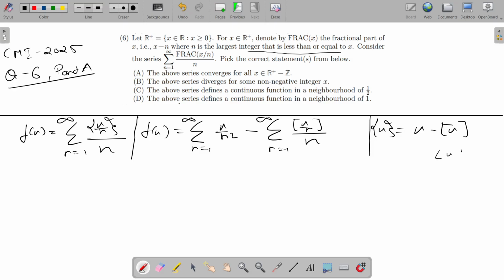We can also use this notation, but I am going to use this. So yeah, now what?